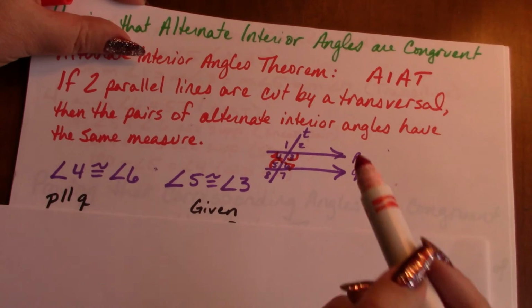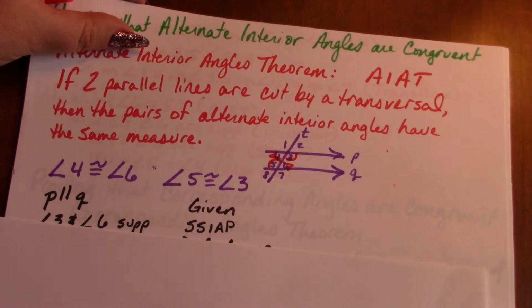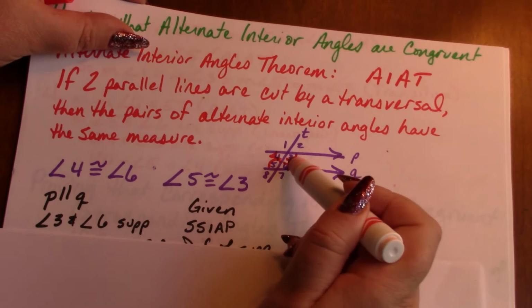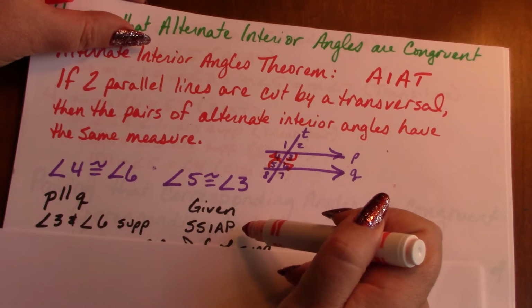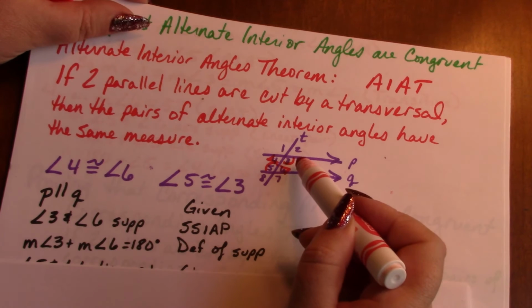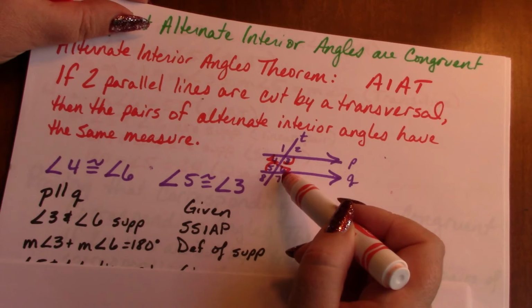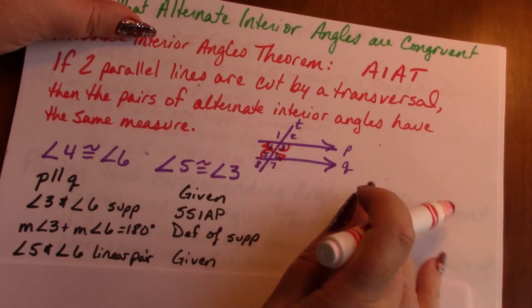So we know that P is parallel to Q. That was given. And we know that 3 and 6 are supplementary because of the same side interior angle postulate. We know that angle 3 plus angle 6 equals 180 because that's the definition of supplementary.